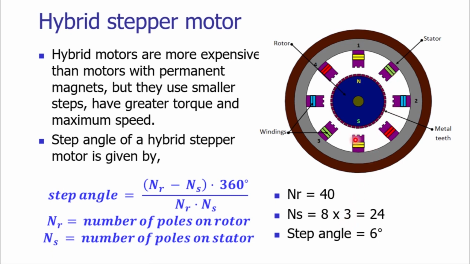The individual tooth is also considered as a pole. So the number of stator poles is 8 into 3, which is equal to 24. In a similar way, the teeth on the rotor are also considered as poles. They are the small poles or micro poles. The number of poles on the rotor is 40. If we put these values in this correlation, we get a step angle of about 6 degrees.